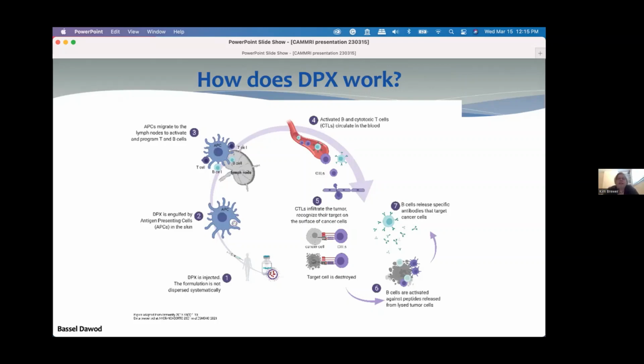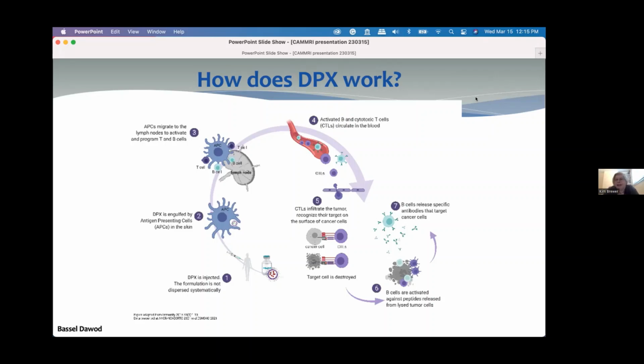And this formulation is actually, instead of kind of spreading systemically through the body, it's usually injected subcutaneously and will actually remain at that location for a significant period of time. What happens is antigen presenting cells are drawn to the site, will take up the drug, will actually migrate to lymph nodes and activate and program T and B cells.